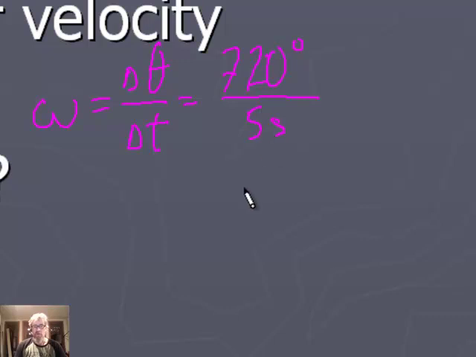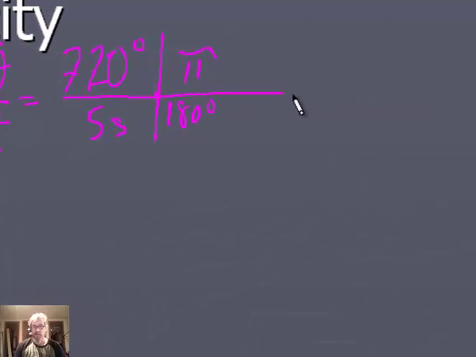The first one is radians per second. So let's do a little conversion here. Let's just tack on to our angular velocity a conversion factor, and that is 180 degrees is pi radians. When we do this calculation, what we find out is that we've got 2.51 per seconds, or 2.51 radians per second, you might say.